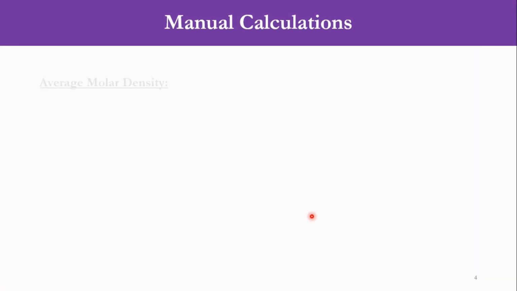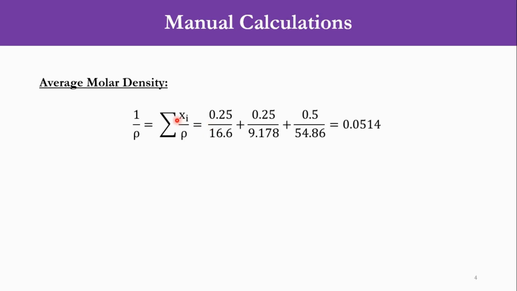Now going to the manual calculations, the first thing is to calculate the average molar density, and we can calculate it using 1 over rho is equal to summation of xi over rho i. Now we know the mole fraction of each component. In the feed, there are three components: ethanol, diethylamine, and water.